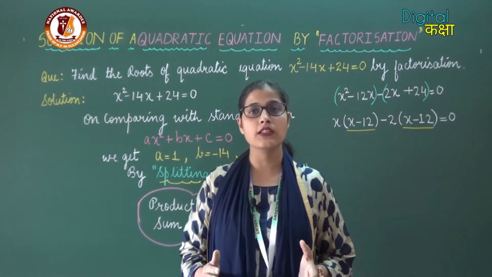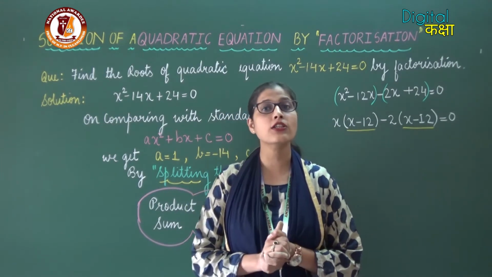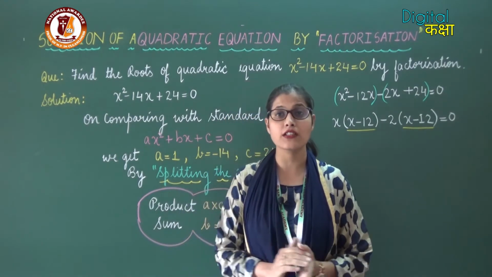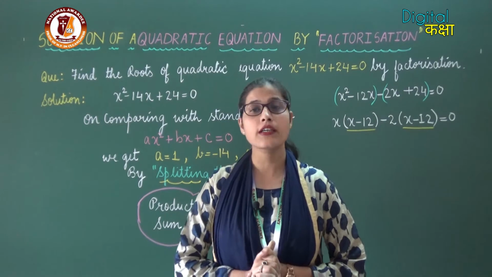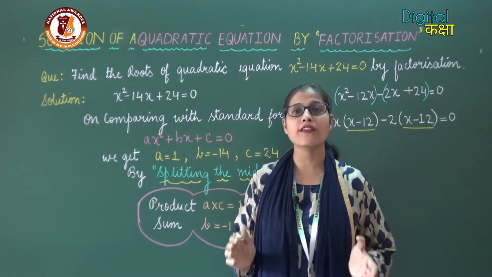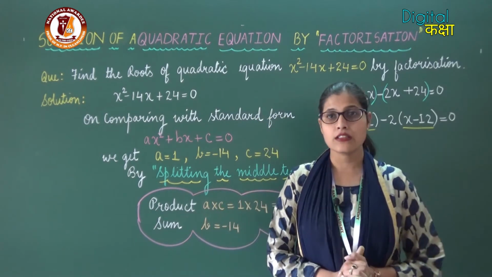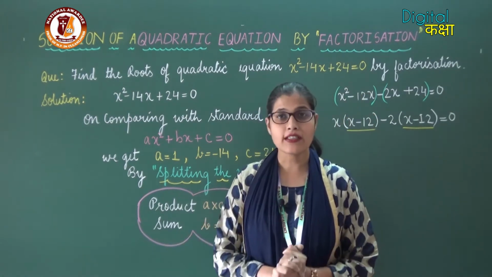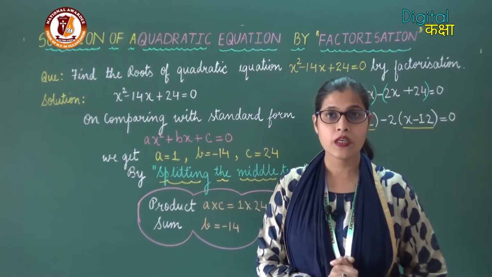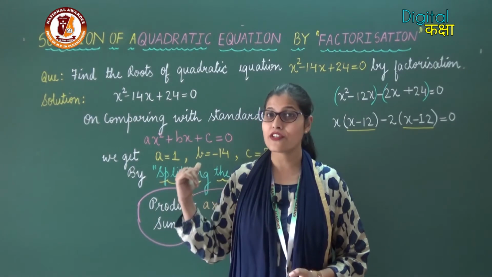After converting it into the standard form, we will be using the method of splitting the middle term to get the factors of the given quadratic equation. Once we get the factors of the given quadratic equation, we will be equating the factors to 0 to get the solution of the given quadratic equation. To understand it, let us take an example which is written on the board.